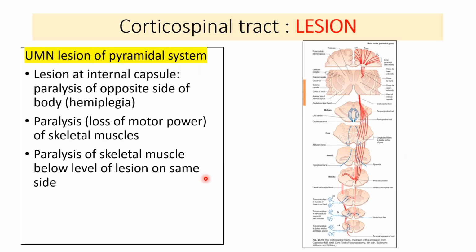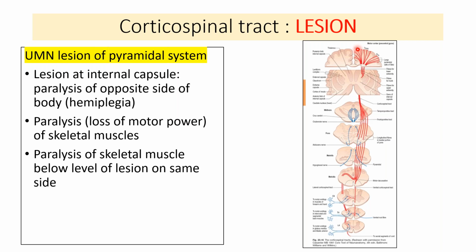Now we come to the lesions of the corticospinal tract. Before we understand these lesions, we should know the course of the tract in complete view. So let's begin with the first type of corticospinal tract lesion, which is the upper motor neuron lesion. Now, what could the upper motor neuron lesion be? It will be the portion of the corticospinal tract which is the upper motor neuron.